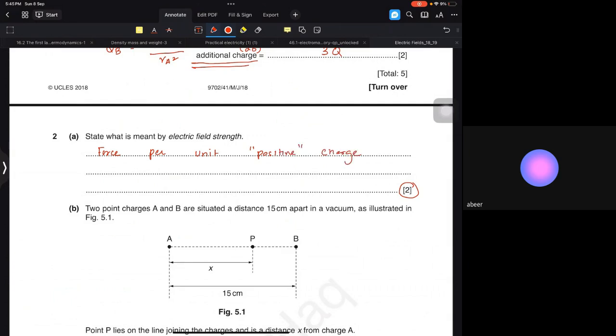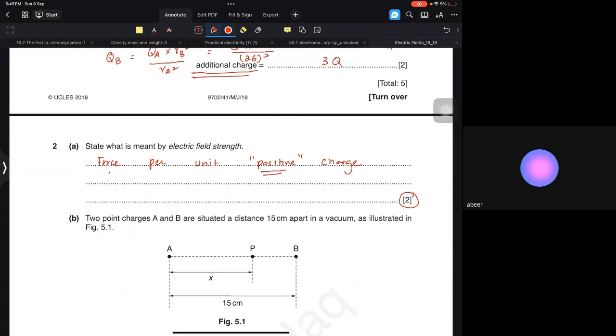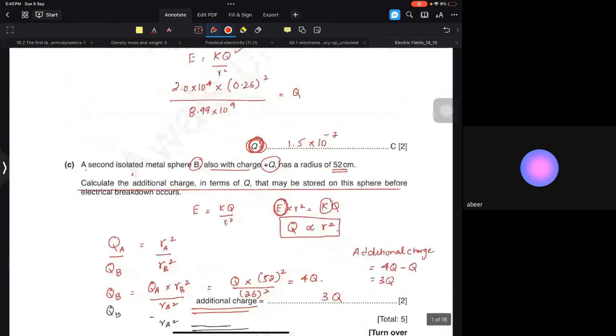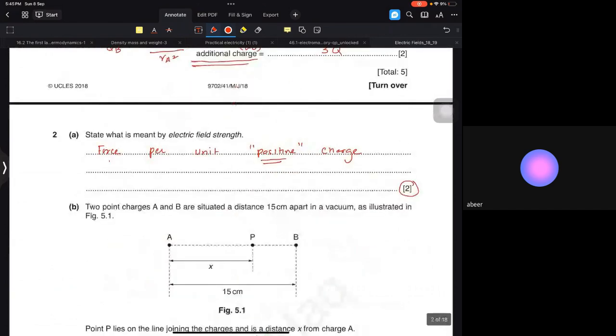Now, obviously, the definition is as simple as force per unit charge, but when you add this keyword, you're going to get one extra mark. However, just make it your habit to always write positive so that even if they're giving it like for 2 marks, you still get two, even if they've given 1 mark. All right, so just make it a habit so you don't forget.